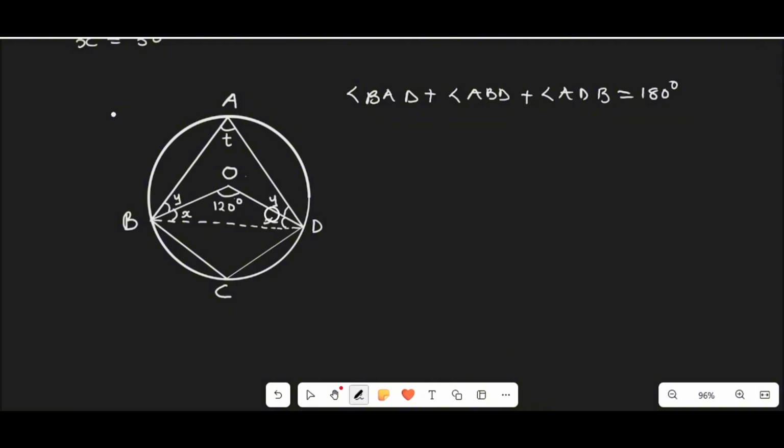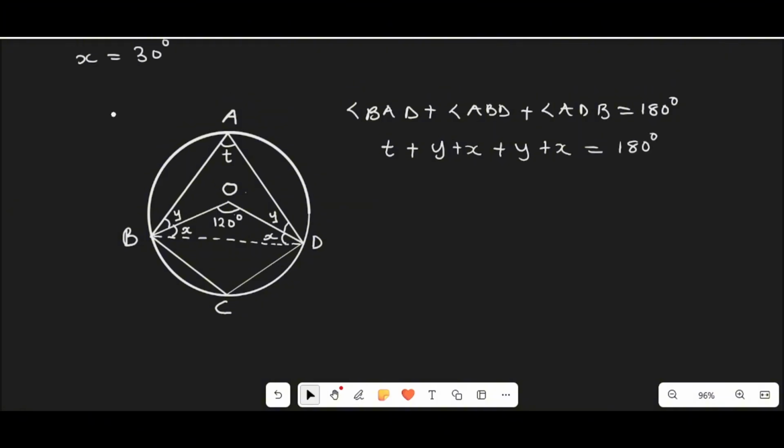So let us substitute them into this equation, and also our t: t plus y plus x plus y plus x equals 180 degrees.